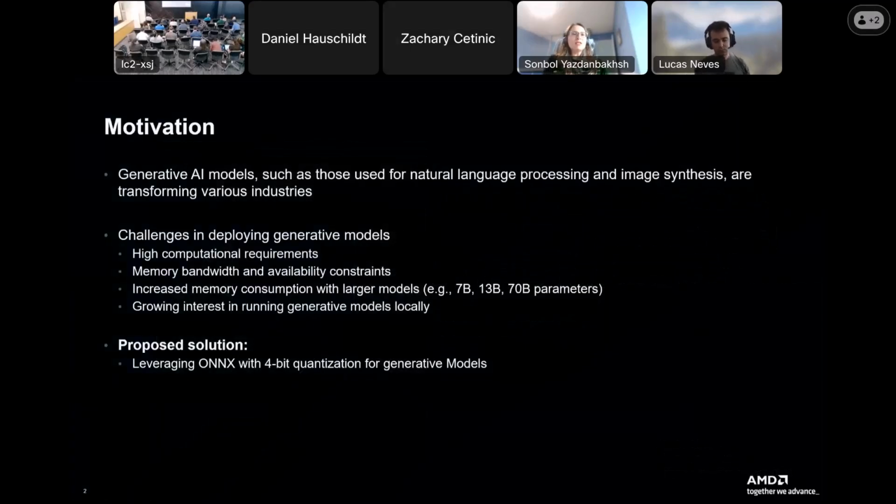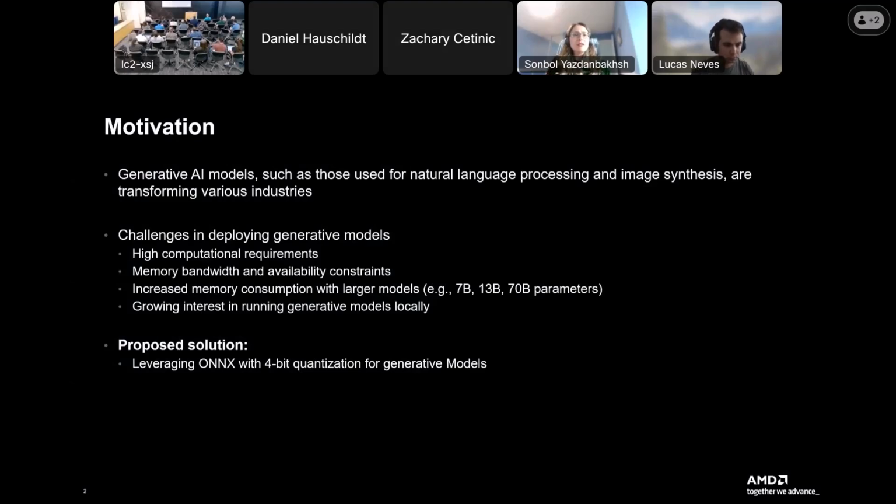So the motivation of our talk is that we are seeing that generative AI models are transforming lots of industries, specifically natural language processing and image synthesis. They are right now everywhere, from healthcare to entertainment and customer service.